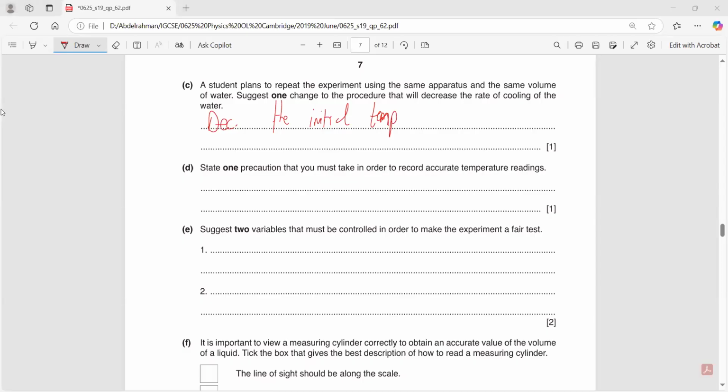What is one very important precaution? Take the readings perpendicularly to avoid parallax error.